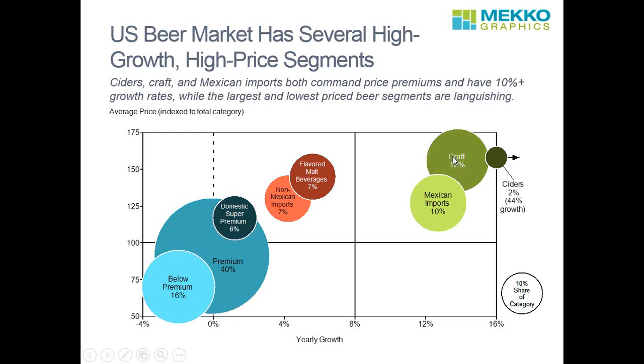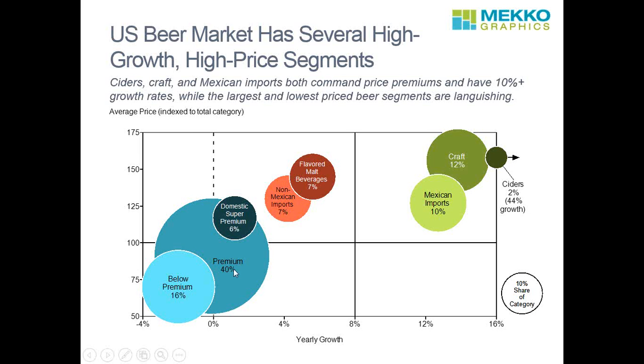So here you can see that my high growth, high price segments are craft beers, Mexican imports, and ciders, which are even off the chart in year-to-year growth, although relatively small, and that down in my low growth, low price segment are premium and below premium beers. And those also happen to be the 2 largest segments of the market.